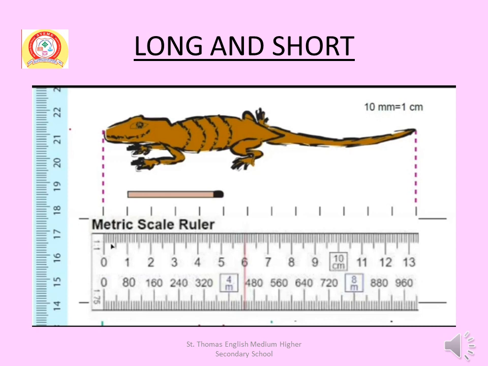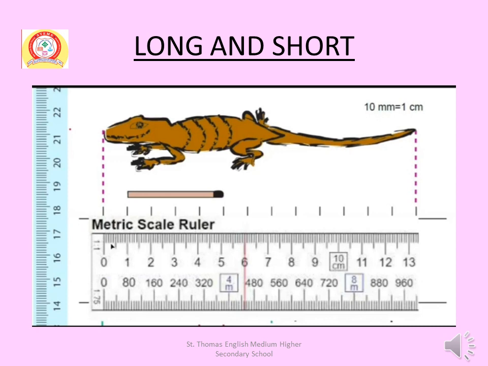This is a ruler you see in your geometry box. This ruler has 15 large divisions, as you can see in the picture, written like 0, 1, 2, 3, 4, 5, like this up to 15.